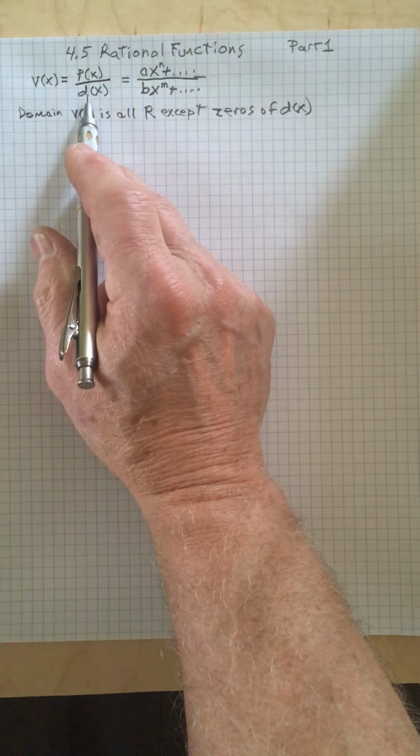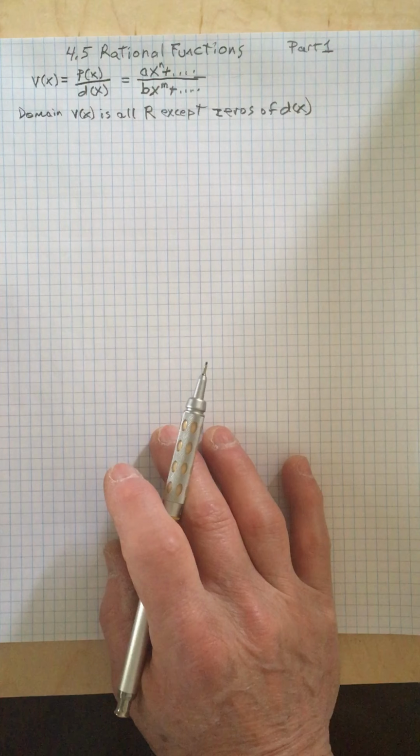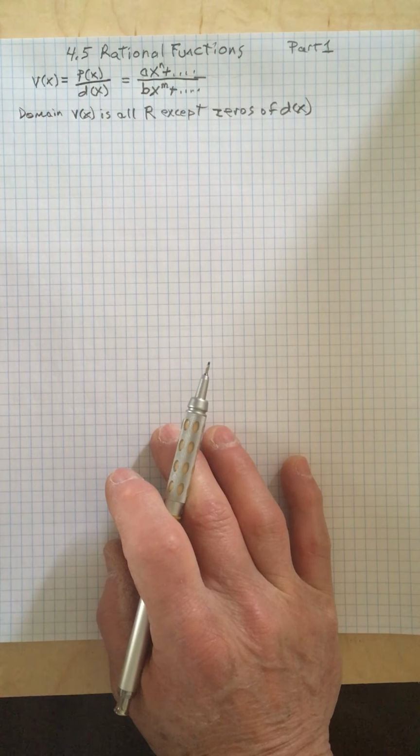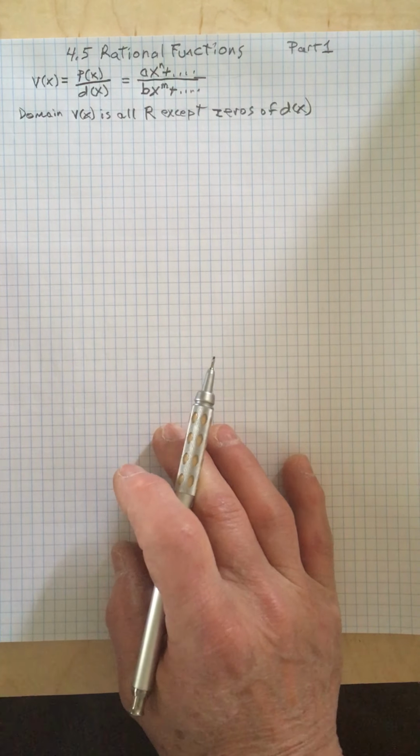So if I find zeros here, they're out of the domain, because obviously they're not allowable numbers or values.